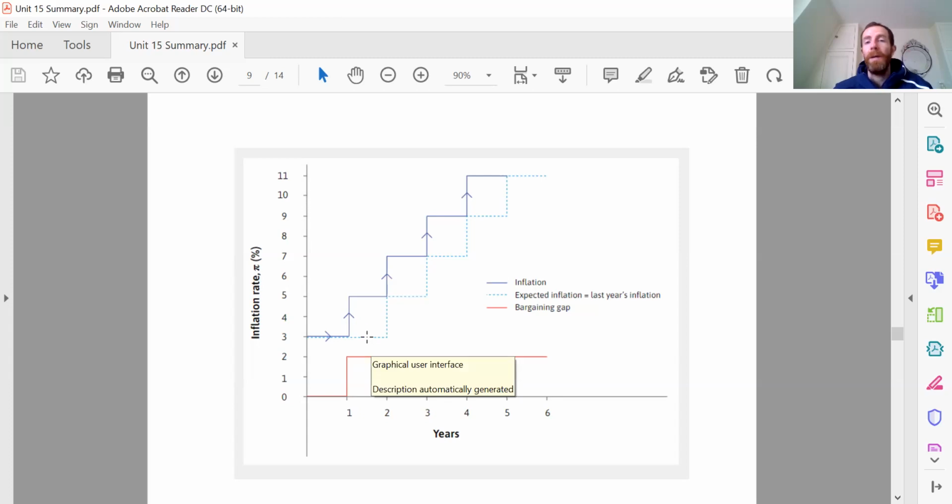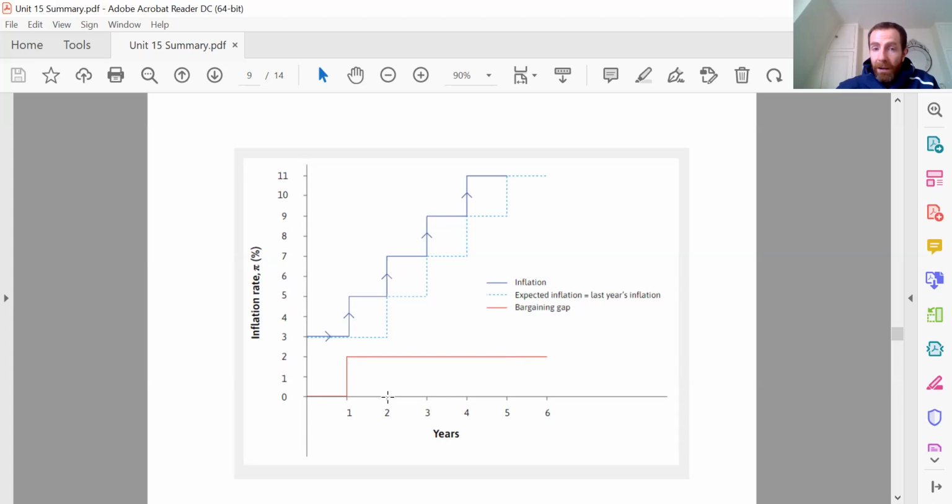But because workers are now seeing this bargaining gap, their demand for an increase in nominal wages will equal expected inflation plus the size of the bargaining gap. So it'll be 5%. And as we saw, firms will pass on the extra cost in terms of higher prices of 5%. And so now inflation in that year will be 5%.